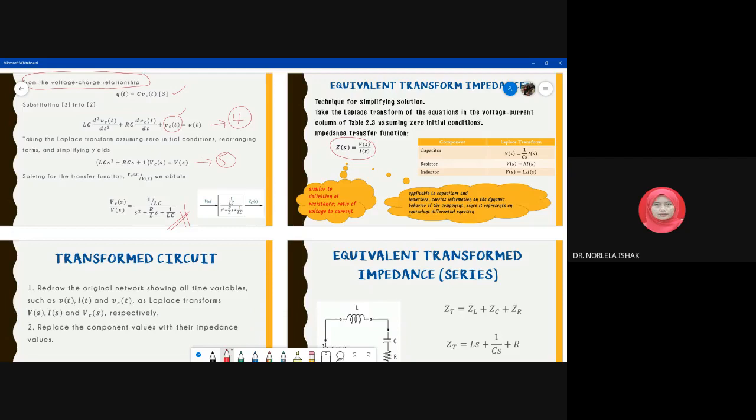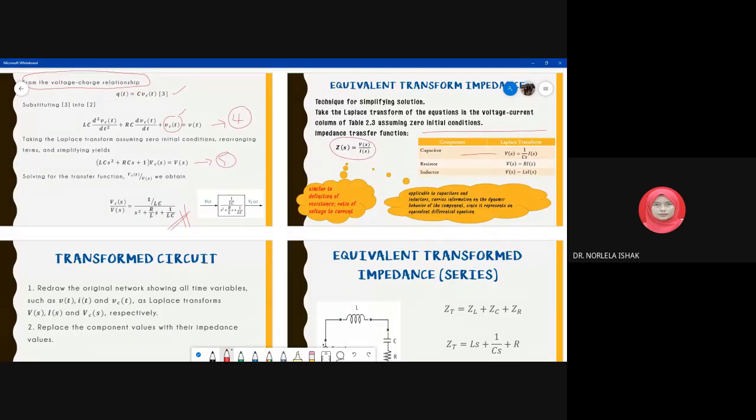From that table 2.3, you can see from this table, capacitor. What is the impedance for the capacitor? It's 1 over CS. This is how to define the impedance.